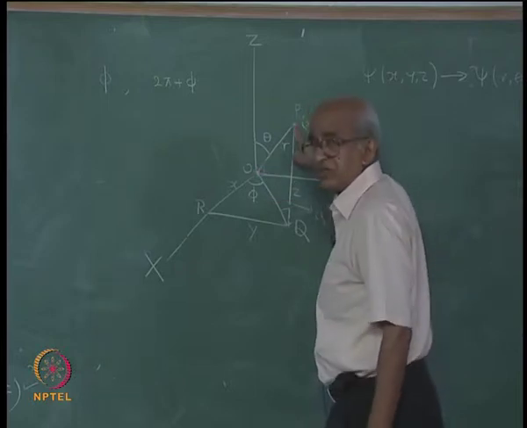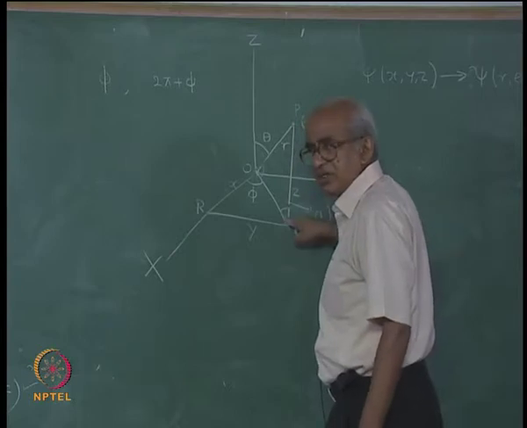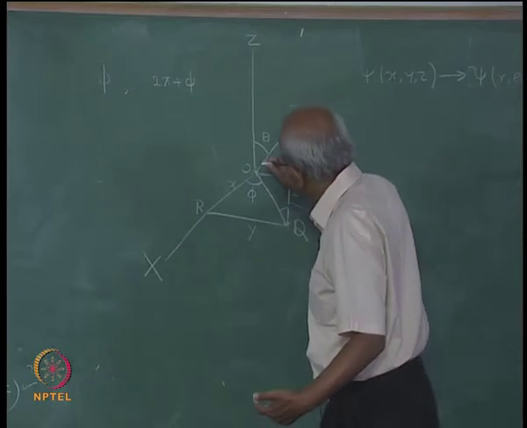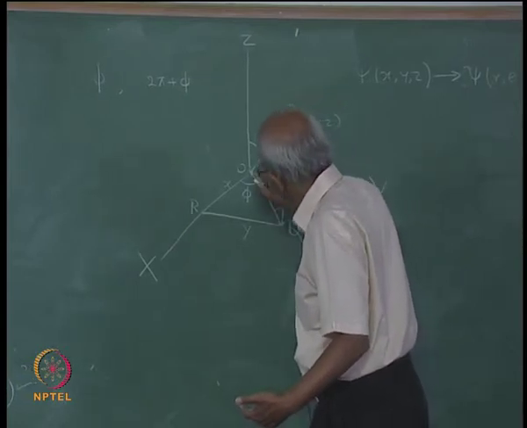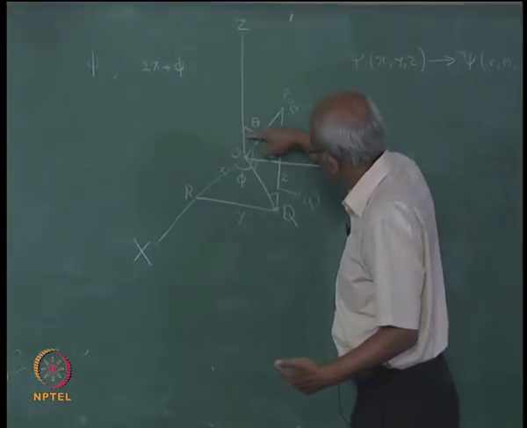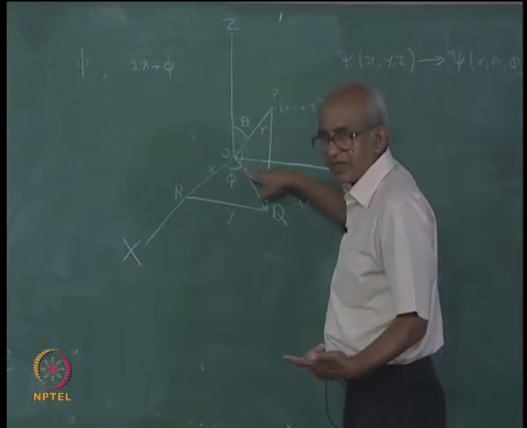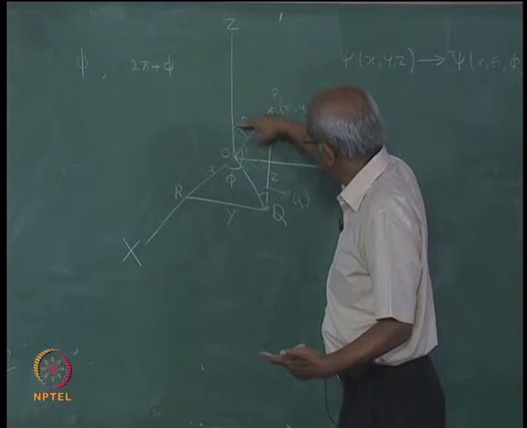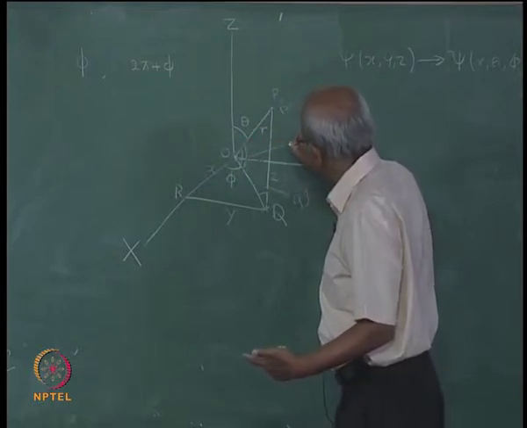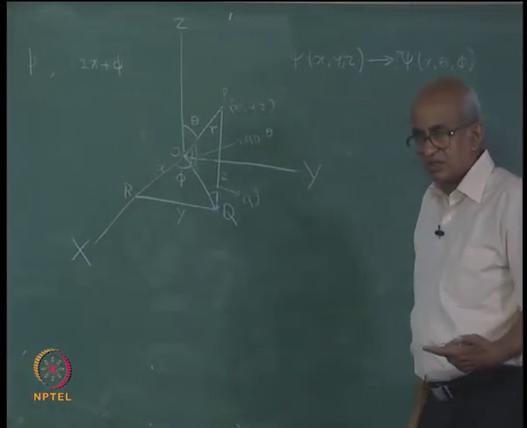R is the hypotenuse of the right angle triangle, and Z, this height, is one of the sides. And how much would this angle be? Well, the total angle obviously will be 90 degrees, and this much is only theta, and therefore, the angle that is remaining is actually 90 minus theta. Right.